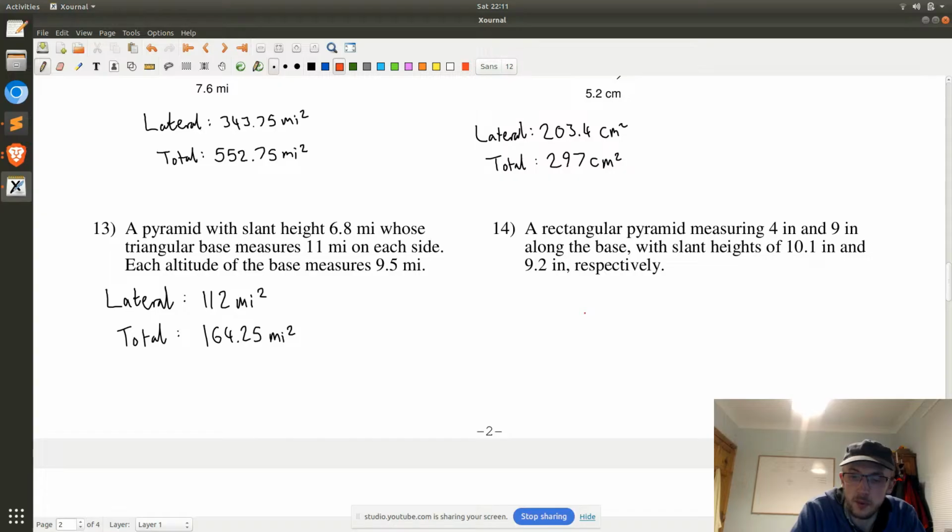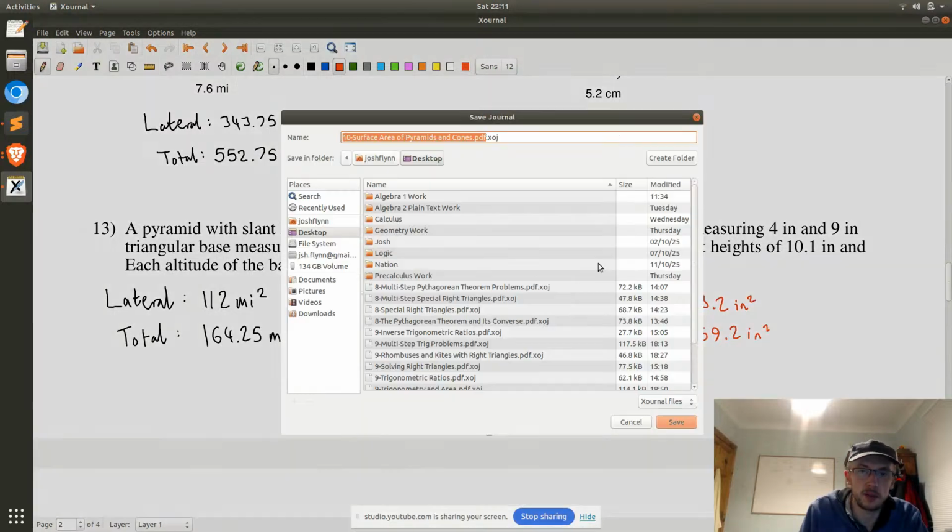So 40.4 add 82.8 is 123.2 square inches. And the base is 36. So just adding that on. Now check. Okay, that's all fixed and good.